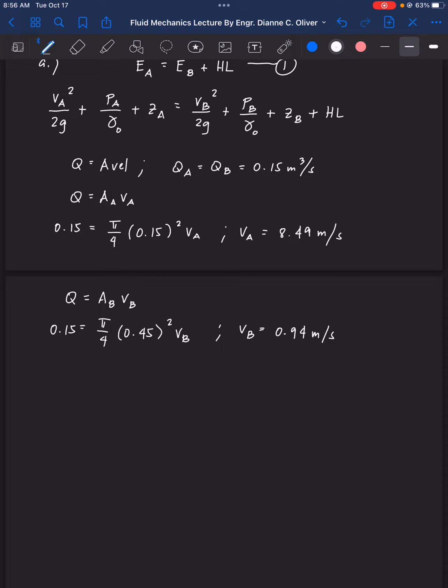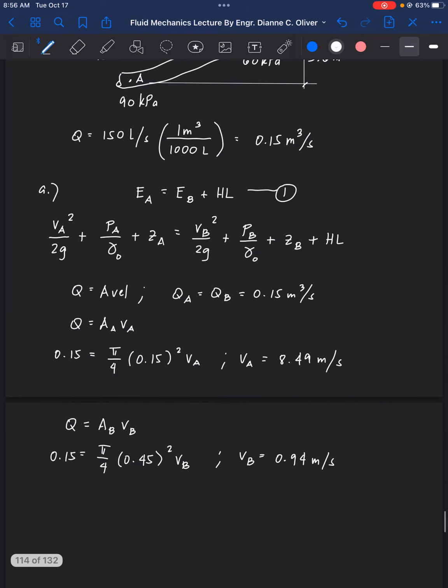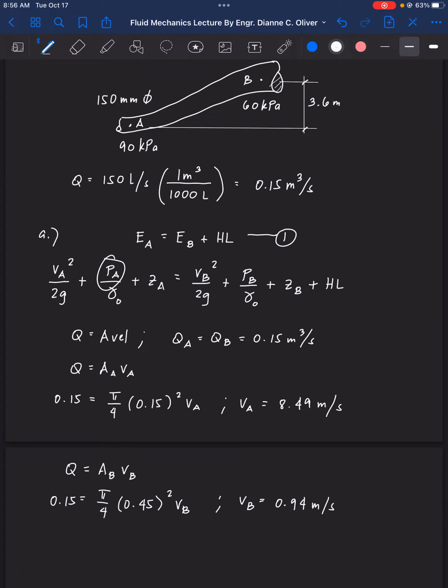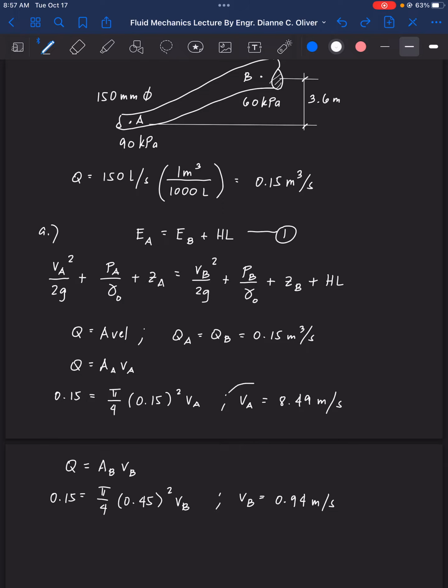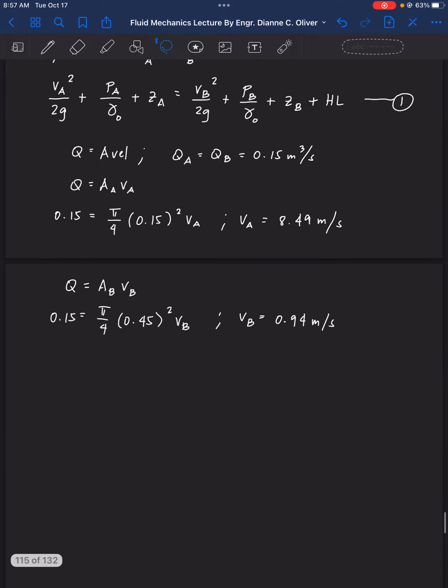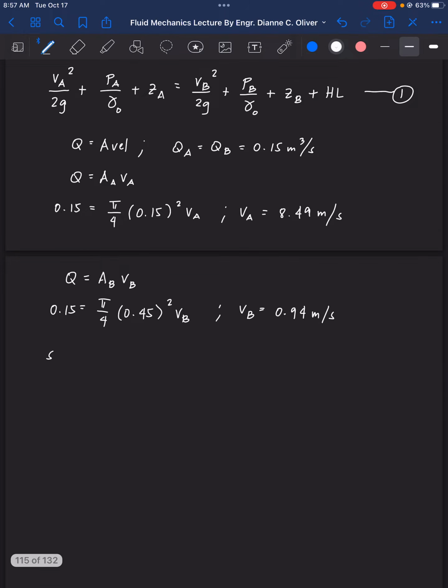So let's substitute it. Since the values for pressure are already given, we also have the elevation ZB as 3.6. Then we were able to solve for the values of VA and VB. So we can now substitute those values in equation 1.